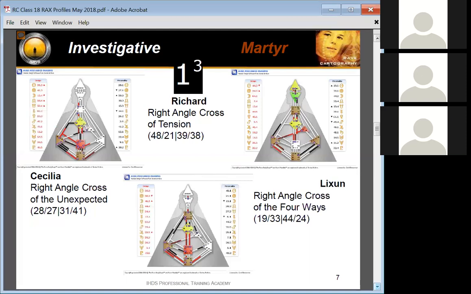And then again, all of these things, when we look at Lexham, the right angle cross of the four ways, we talked about a right angle cross of the four ways, the one that came in on the 33. This one is the 19. And so again, we could go back and ask, what quarter is the 19 in? I've got to flip over and find it. I didn't actually write it, so I'll have to look.